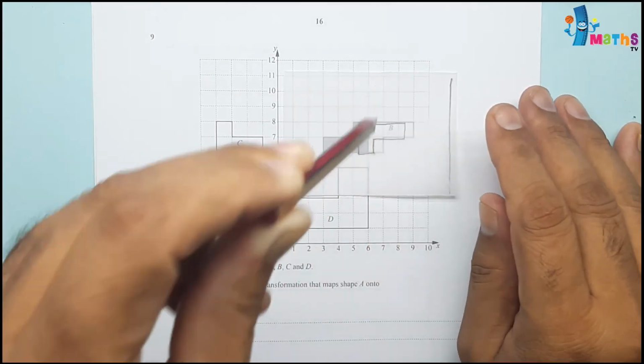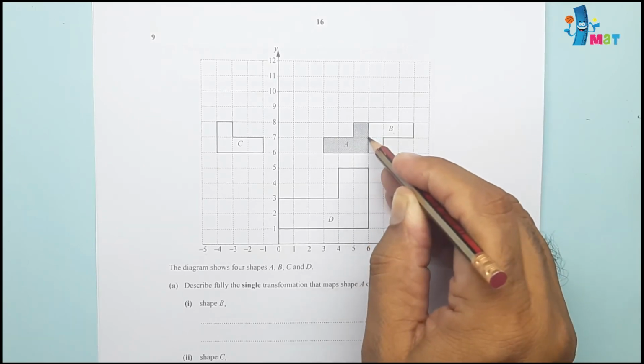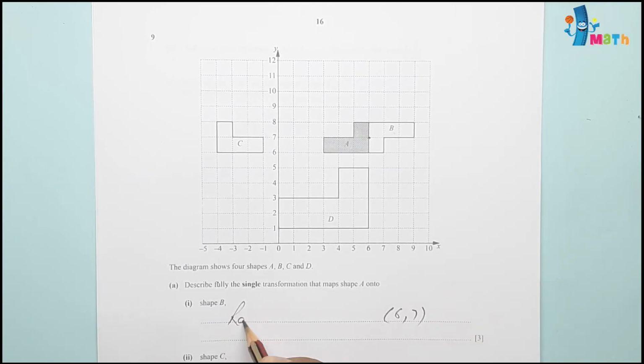So it's a rotation about this point, which has coordinates 6 and 7. So we can give coordinates here, 6 and 7. So this is a rotation about this center, and 180 degrees.